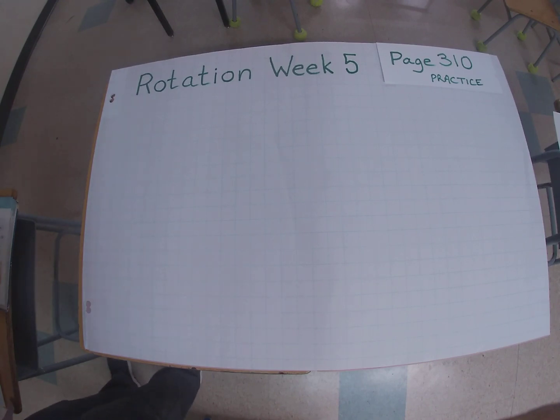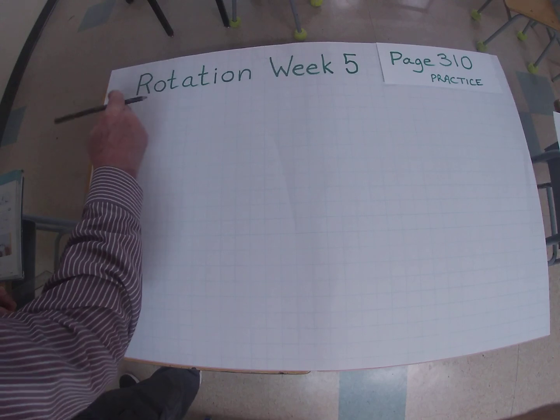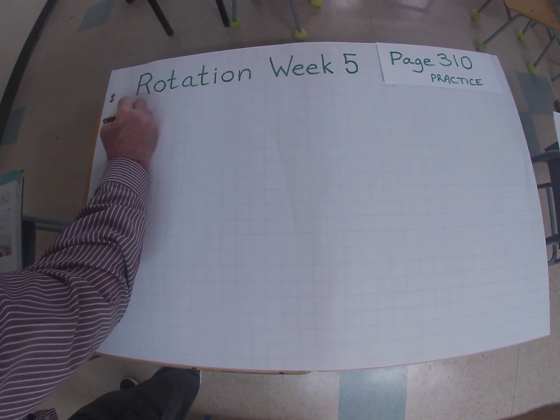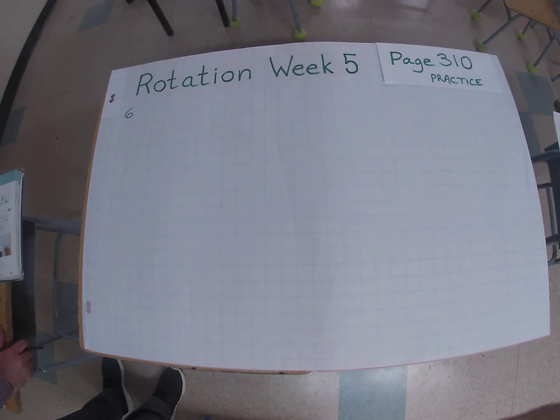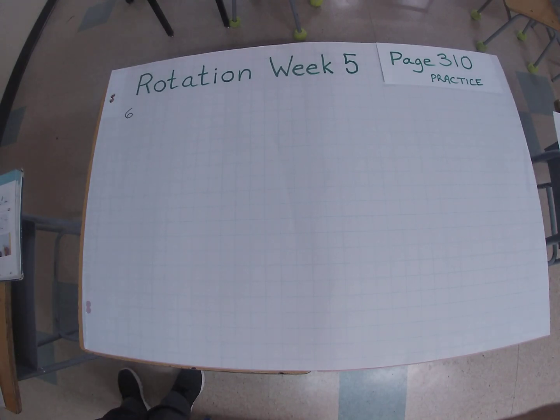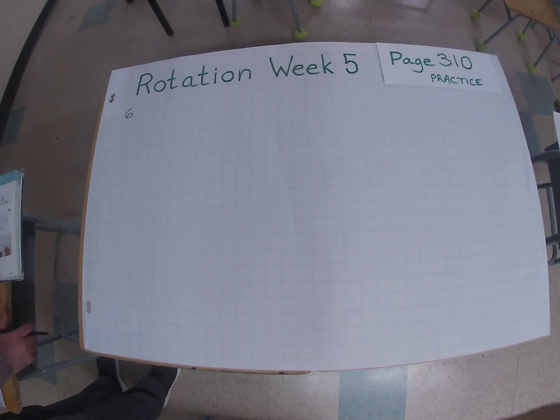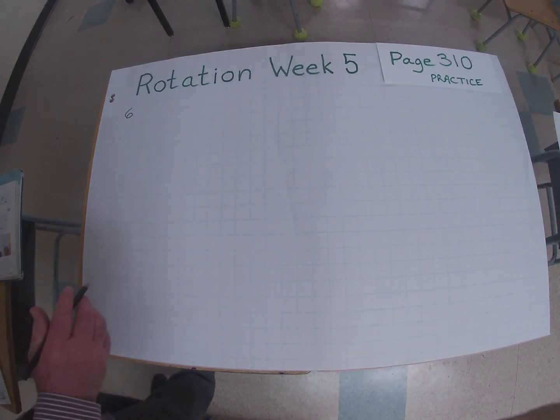Okay, so 6. When I look at number 6, I say, okay, well, G to H is an easy way to start. It is 1 left, 1 down.